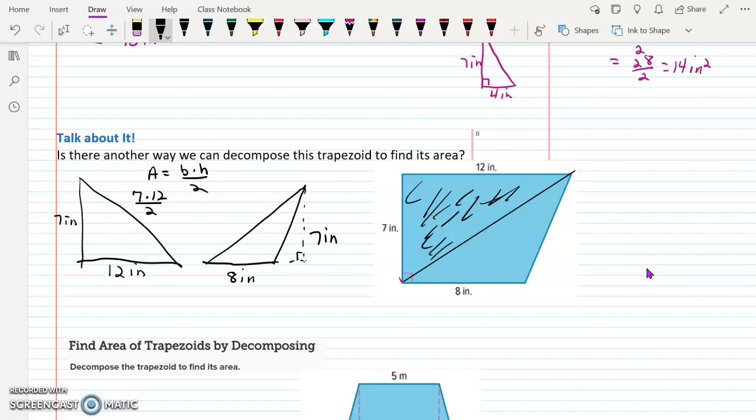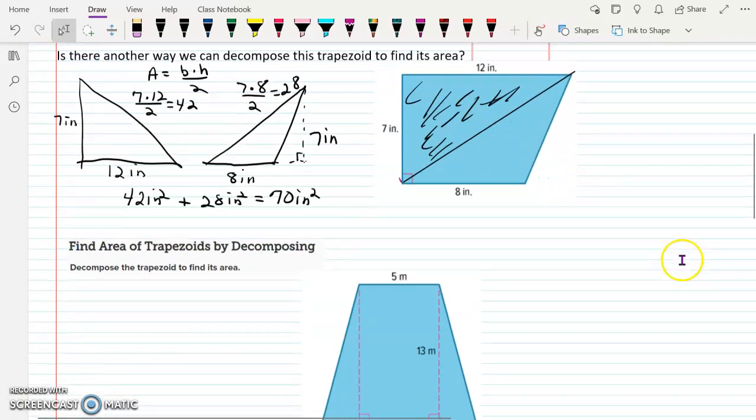Well, 7 times 12 is 84, divided by 2 would be 42. And then for this one, I would do 7 times 8 divided by 2. Well, 7 times 8 is 56, divided by 2 is 28. And then if I add those two together, 42 plus 28 inches squared, we see we also end up with 70 inches squared. It just depends on how you see the decomposition.